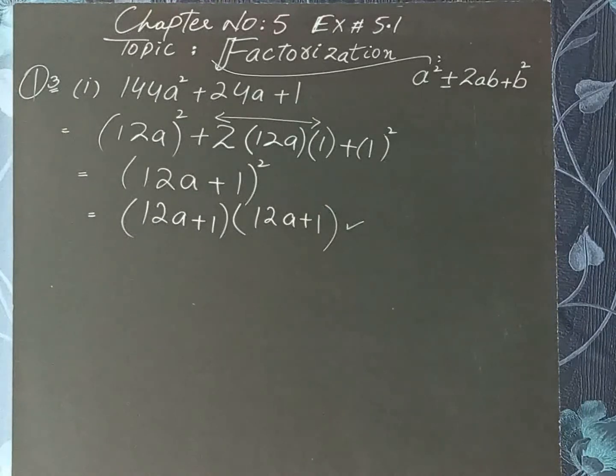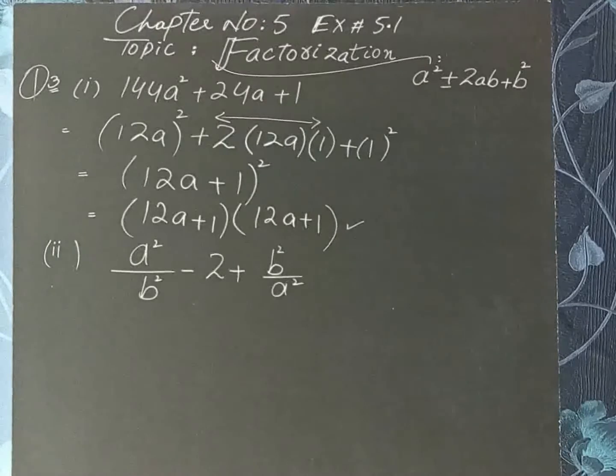Okay guys, now we'll move towards the next part. It's part 2. You can see here again, here are the three terms. We cannot take any common, so we will check for this formula again.